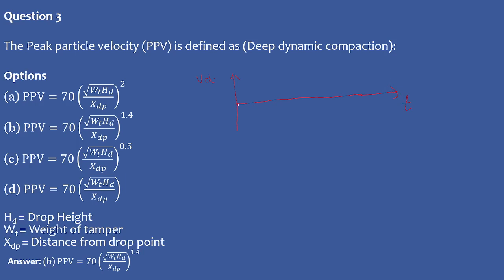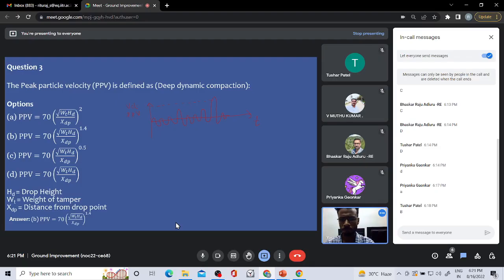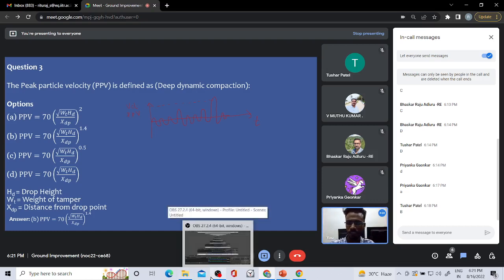So with time, these particles will vibrate. The maximum amplitude of the velocity will correspond to the peak particle velocity. Any problem with the peak particle velocity? Can we proceed to the next question?